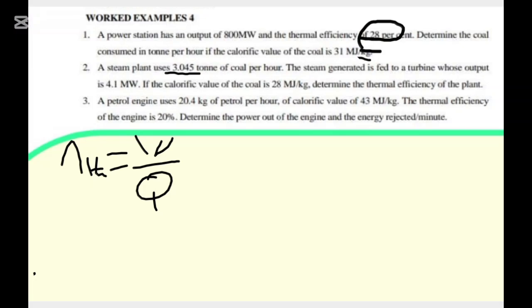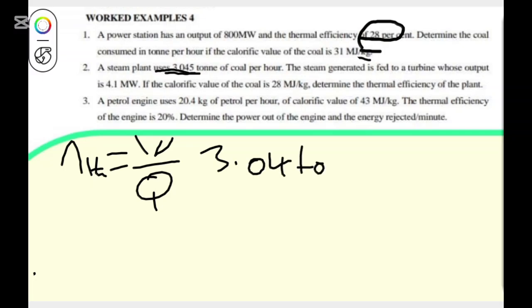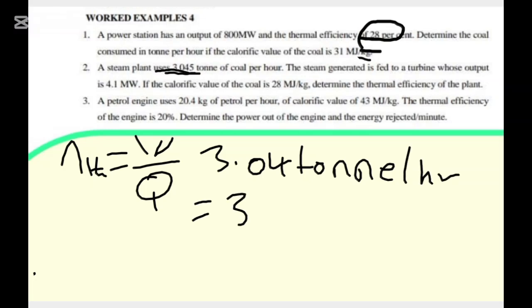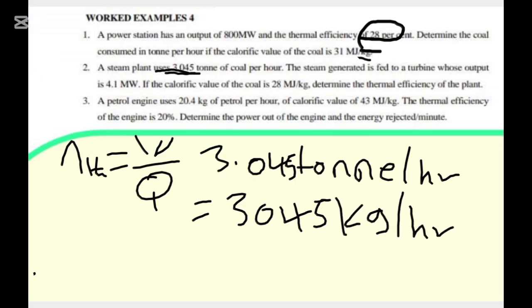The steam plant uses 3.045 tons of coal per hour, which is the same thing as 3045 kg per hour, as I did in the first question.